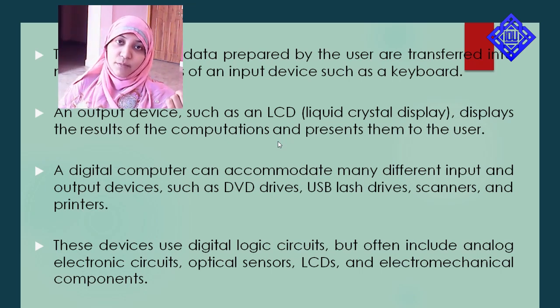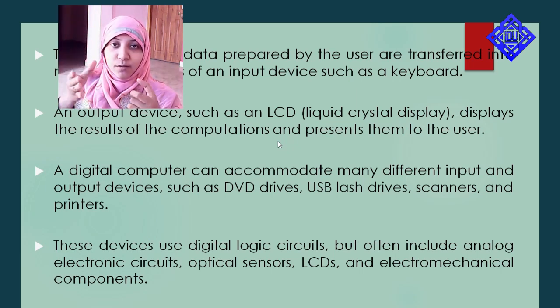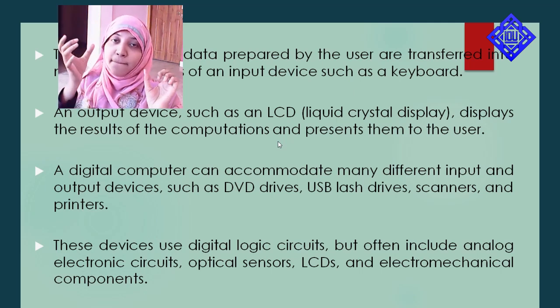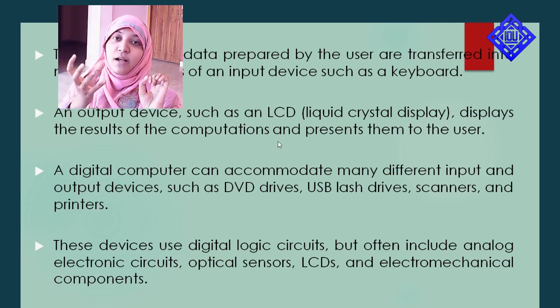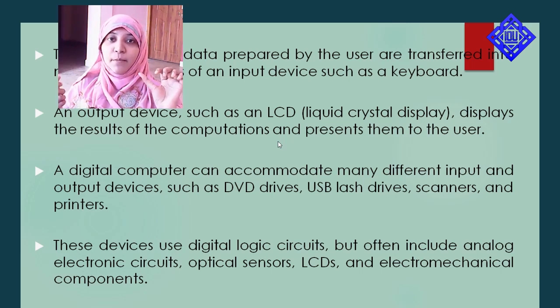And we have the mouse. The mouse is an optical sensor. It is called an optical sensor because if I move the mouse towards the left, right, top or bottom, this sensor will sense and read where I am going to coordinate the points.